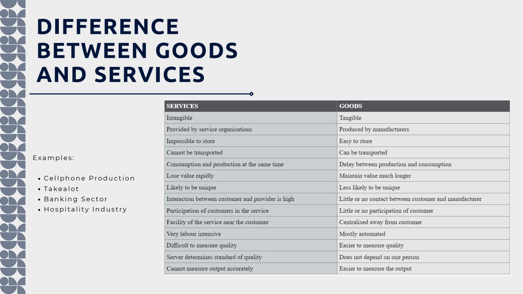What would be your assumption when you walk into a place like Pick n Pay to do your grocery shopping? It's a goods service. You're physically buying something tangible, that is probably of quality, depending on what brand you buy. You can transport it. You can do everything that you can possibly do.